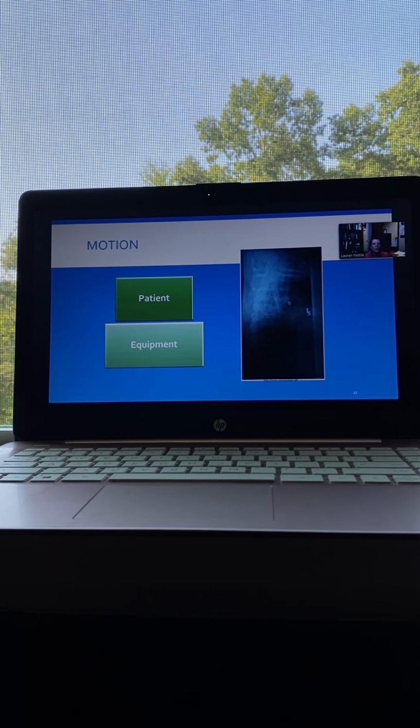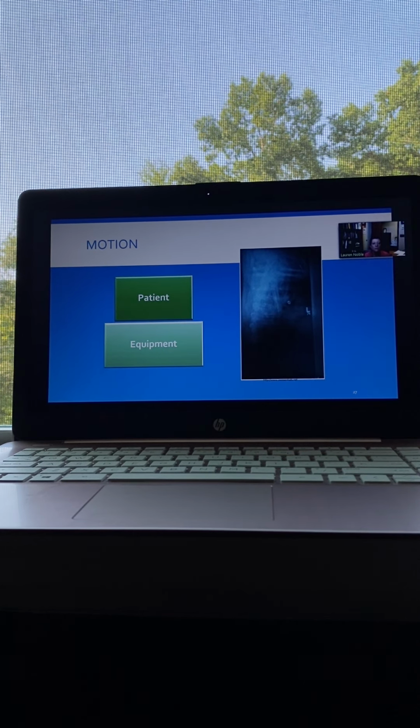The number one way to minimize patient motion is communicating with the patient. Don't assume that they know they need to hold still. They don't know when the x-ray exposure is over. So you have to let them know.